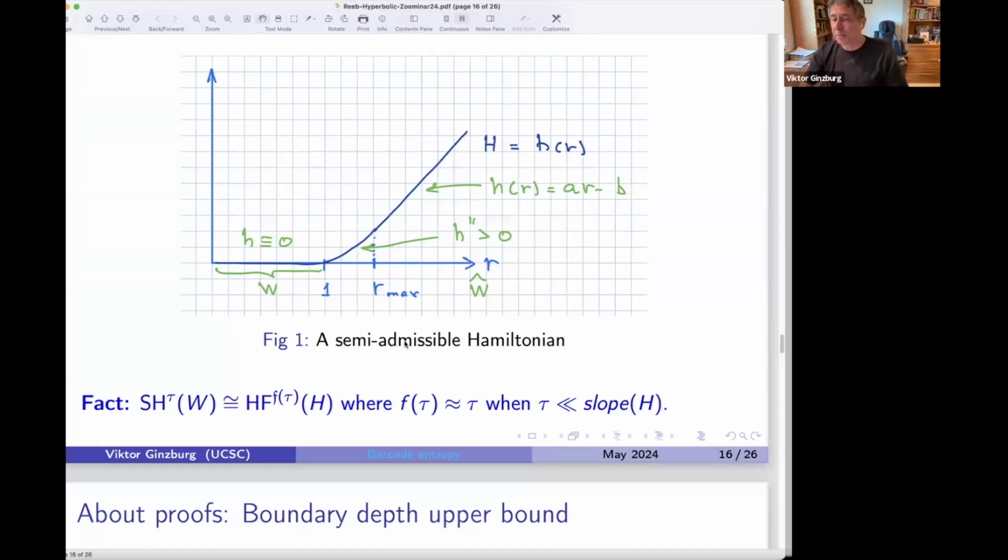But I don't know if in general the boundary depth is bounded. When you look at what happens for the ellipsoids, it depends on whether you take H with a fixed slope. It dies in a different way, equivariant versus non-equivariant. This part of the picture becomes more complicated.